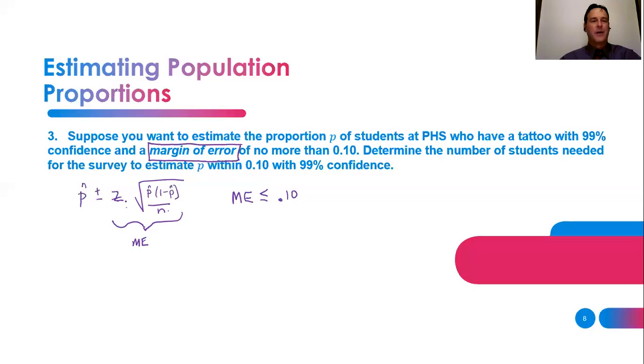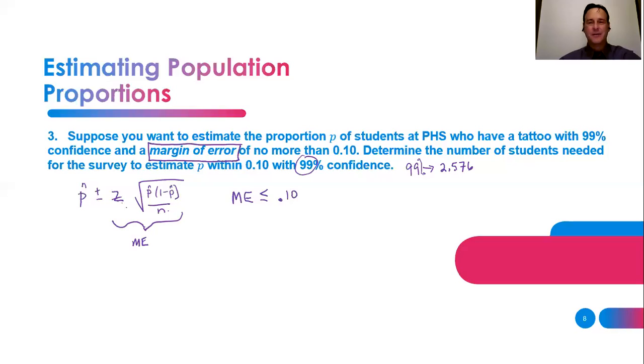Now I know what z is because I have 99%. Then I'm going to use its representation for a critical value. A 99% confidence interval has a value of 2.576. That's in your table. You used 90% one time, that was 1.645. You used 95% on the last problem, that was 1.96.